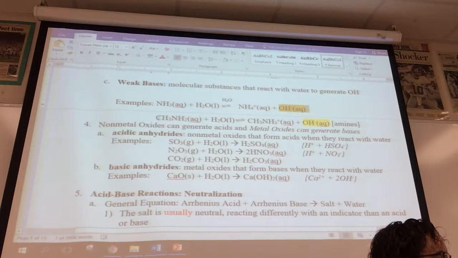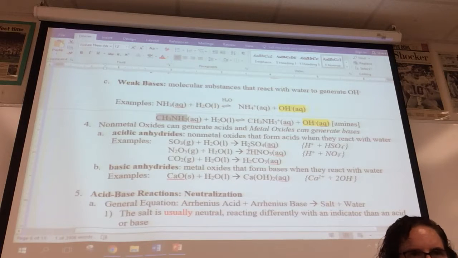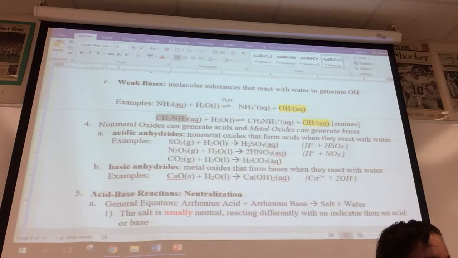Another weak base, and you typically see this with your amines, is methylamine, reacting with water here. We'll worry more about that conjugate aspect later in the year, but your acid-base reactions will come into play here, which is why I mentioned them, and we'll get to that in the neutralization piece.